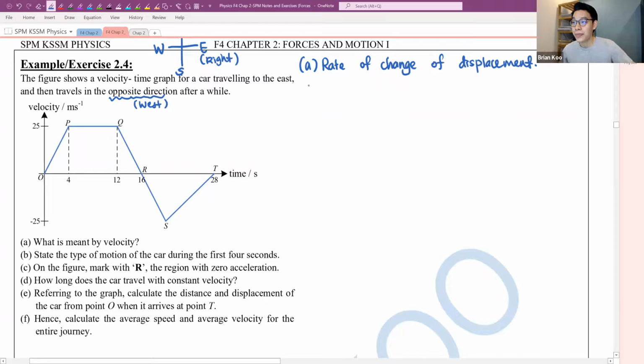Okay. And part B. State the type of motion of the car during the first 4 seconds. Okay, this is a velocity time graph. You can see in the first 4 seconds. Anybody want to say answer?